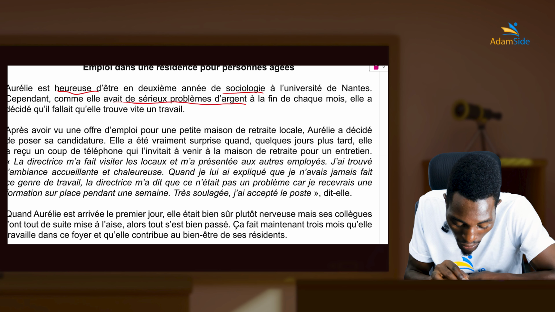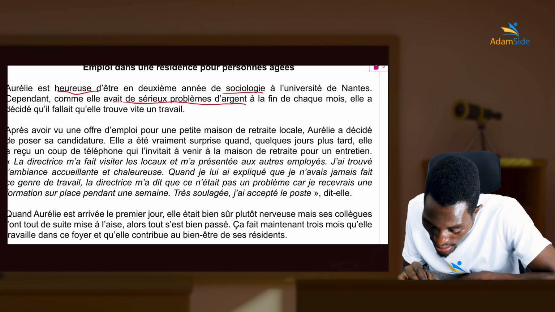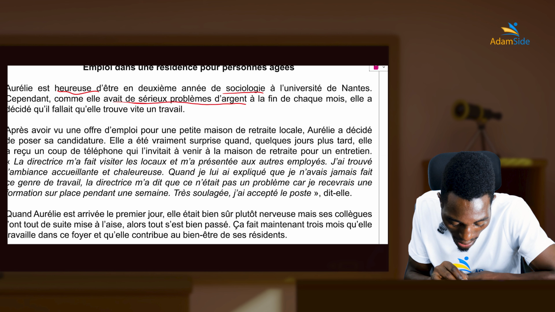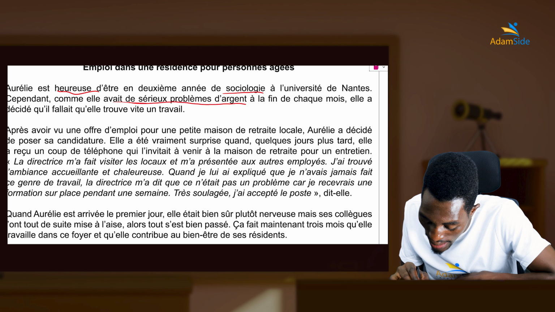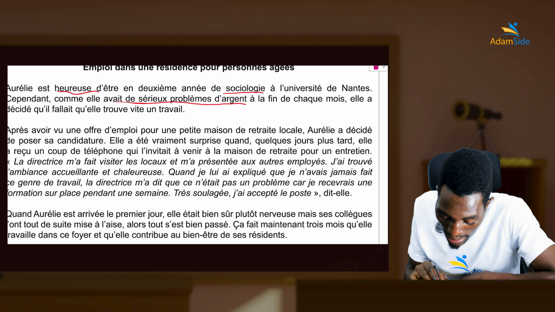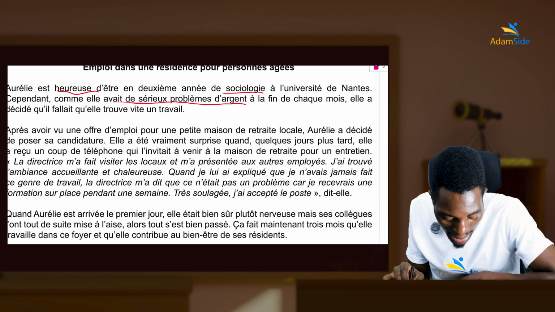Paragraph 2. Après avoir vu une offre d'emploi pour une petite maison de retraite locale, Aurélie a décidé de poser sa candidature. She asked for the job. Elle a été vraiment surprise quand quelques jours plus tard, some days after, elle a reçu un coup de téléphone qui l'invitait à venir dans la maison des retraités pour un entretien.